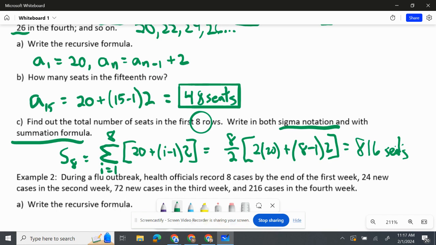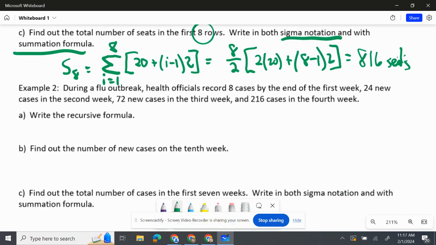So looking at the next one, we're going to look at our next formula. This time it tells us there are 8 cases in the first week, 24 in the next, 72 in the third, and 216 in the fourth.